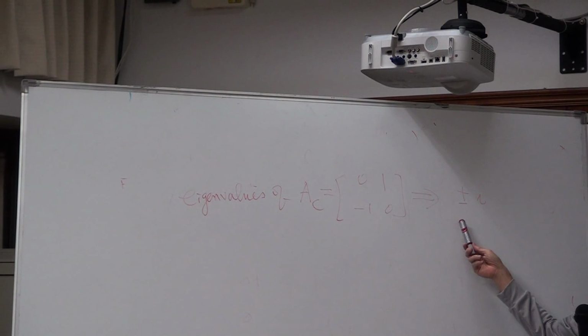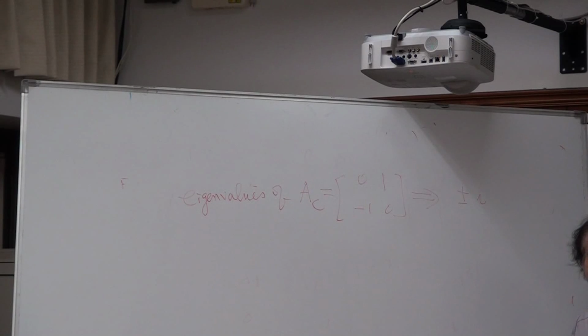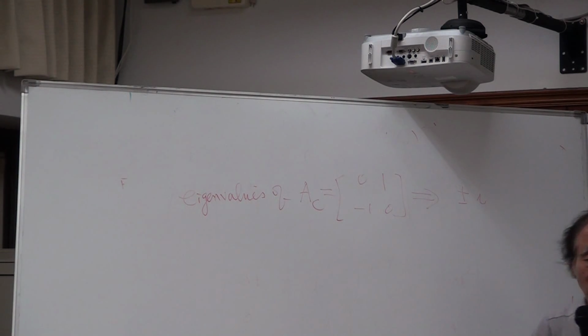So this is not asymptotically stable, but this is still stable. That's the oscillation, because we have a frequency of 1 radian per second.